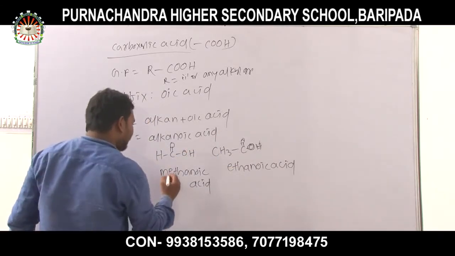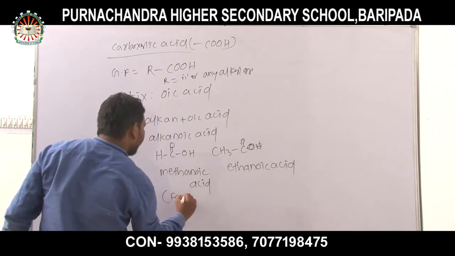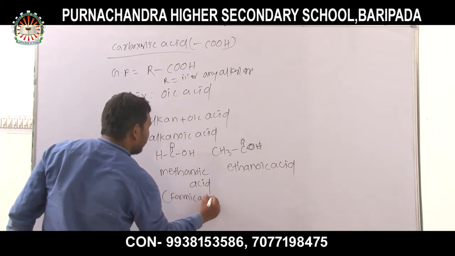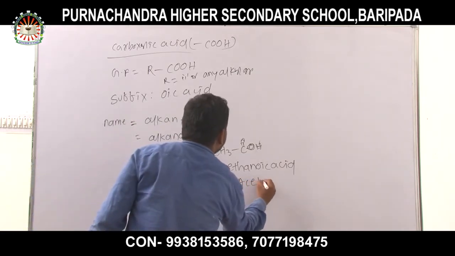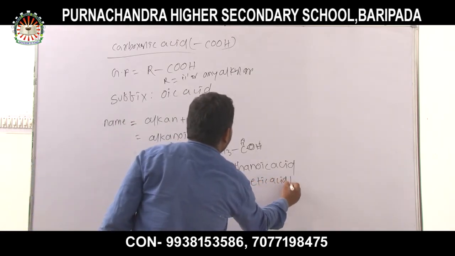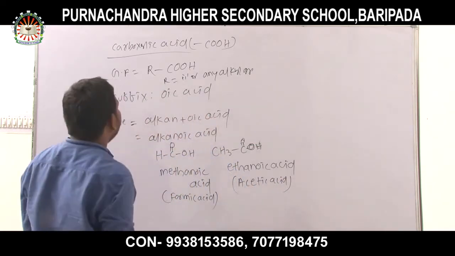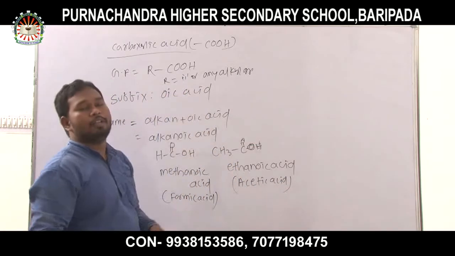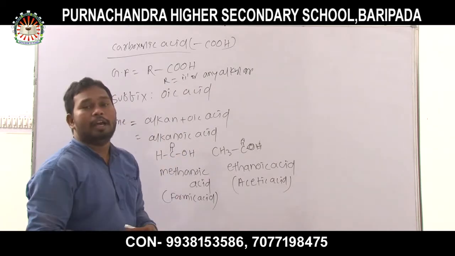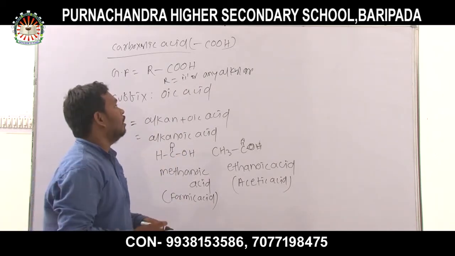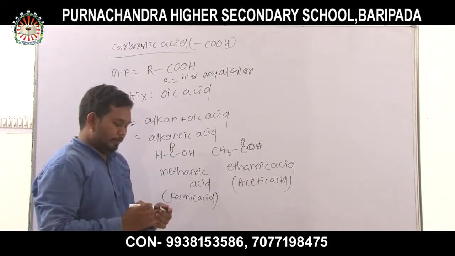Its common name is formic acid, and the other one is acetic acid. These are aliphatic carboxylic acids. Next, we also study the aromatic carboxylic acids like benzoic acid, etc.